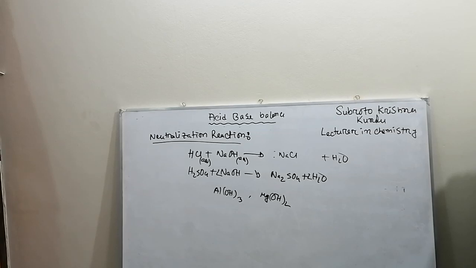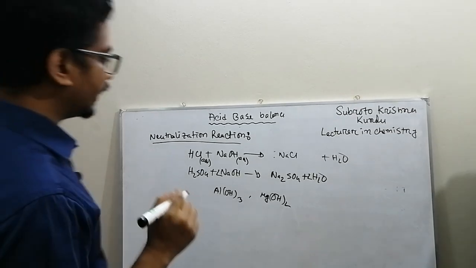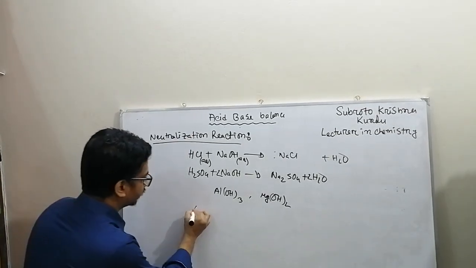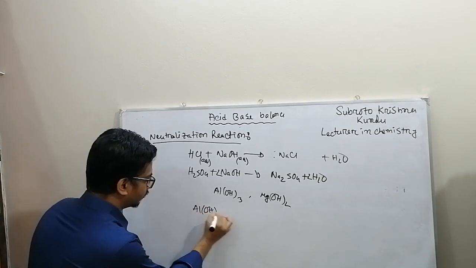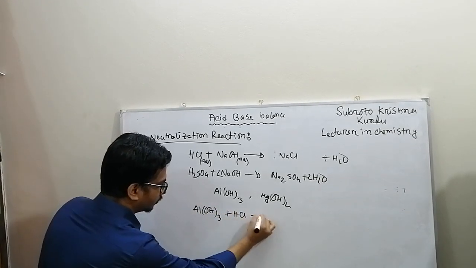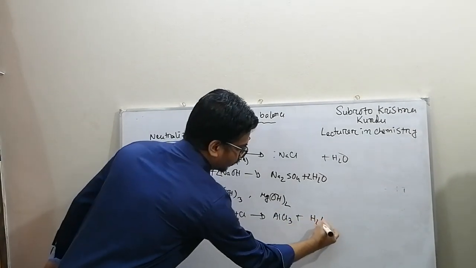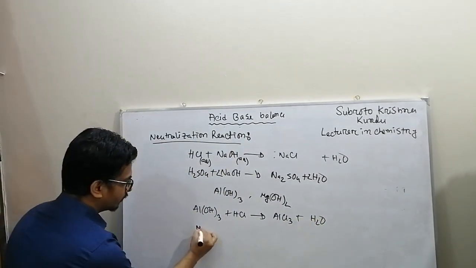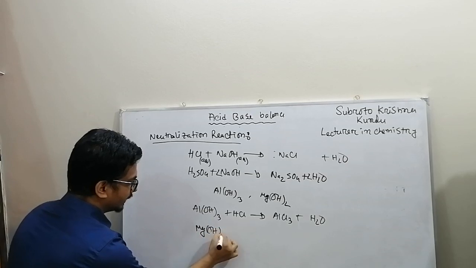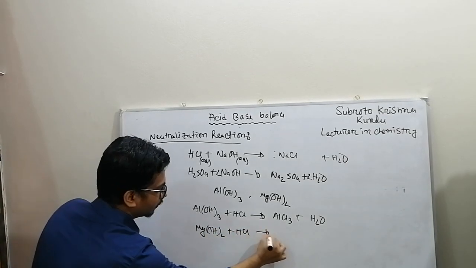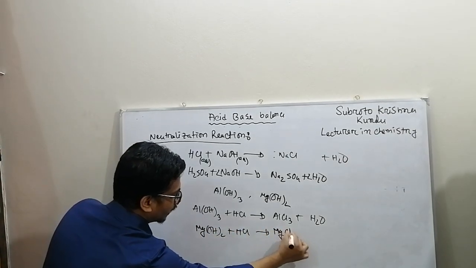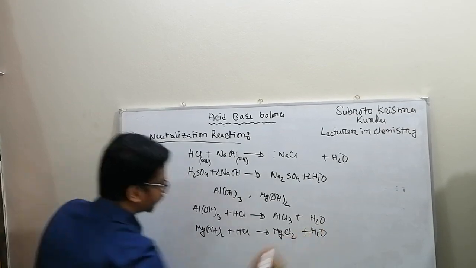Now we write the reaction of aluminum hydroxide with HCl. Production of aluminum chloride and water, then magnesium hydroxide plus HCl, production of magnesium chloride plus water.